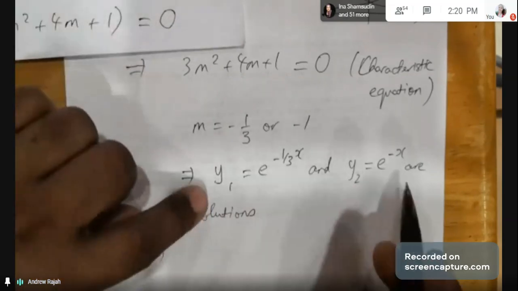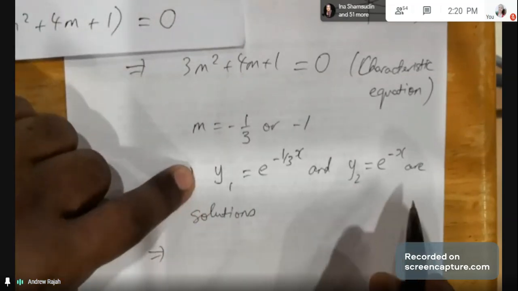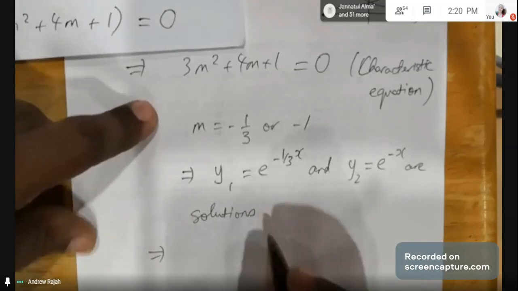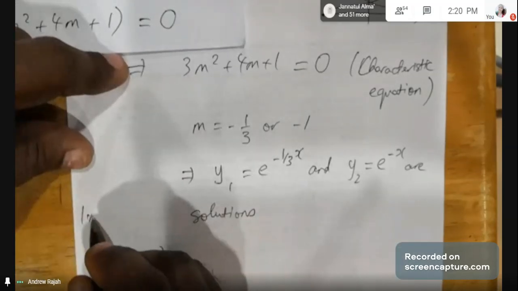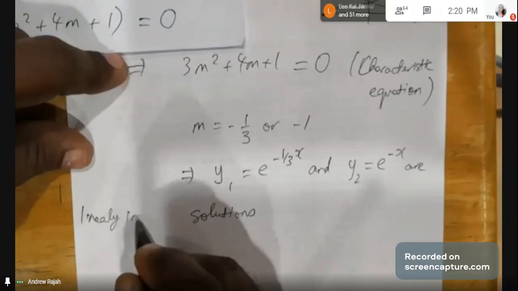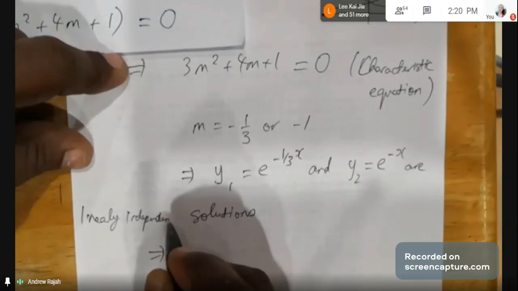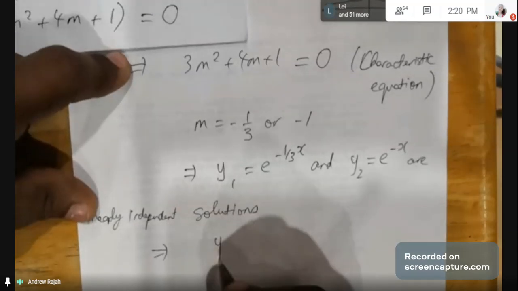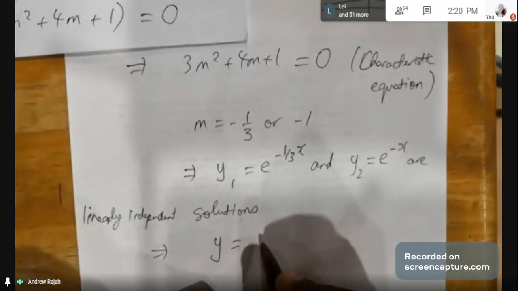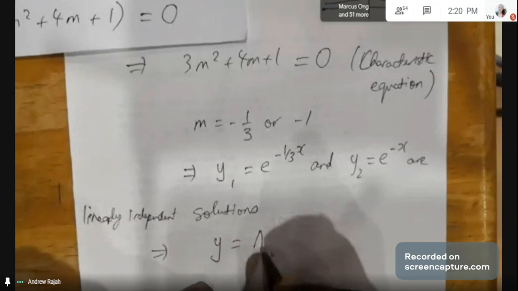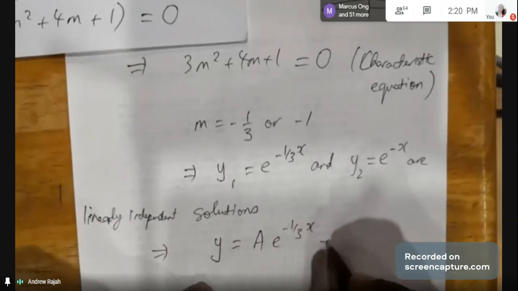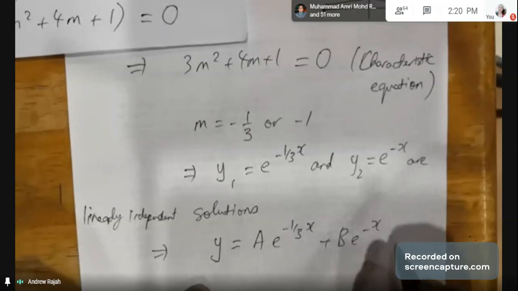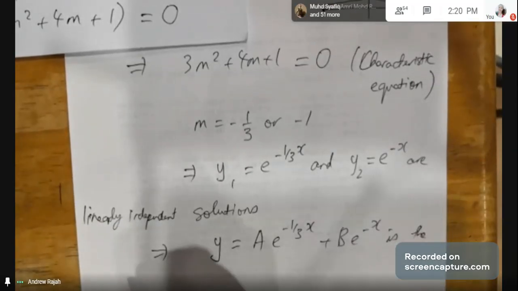Since these are two linearly independent solutions, this implies y equals, you put one arbitrary constant, a e to the power of negative x plus b e to the power of negative x, is the general solution.